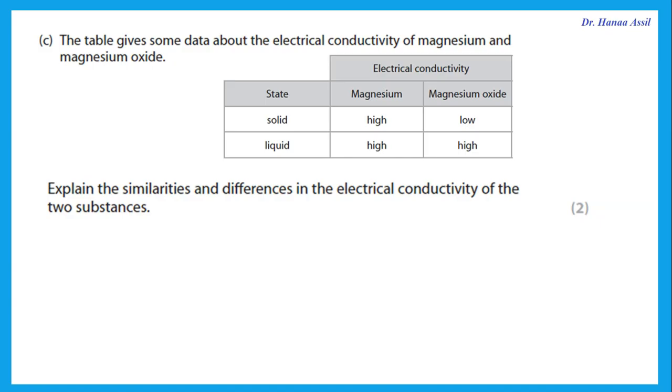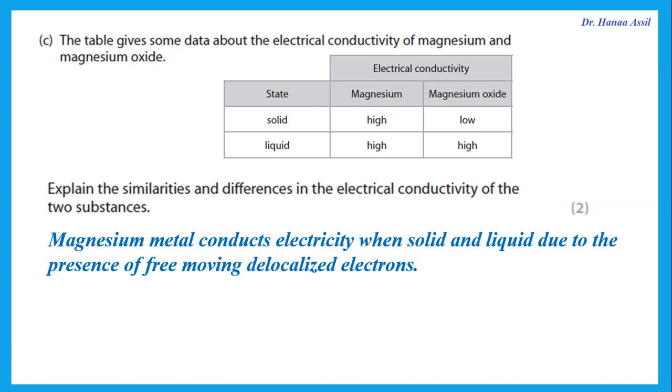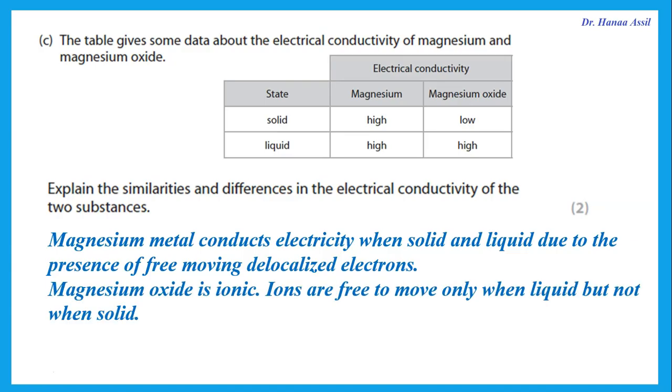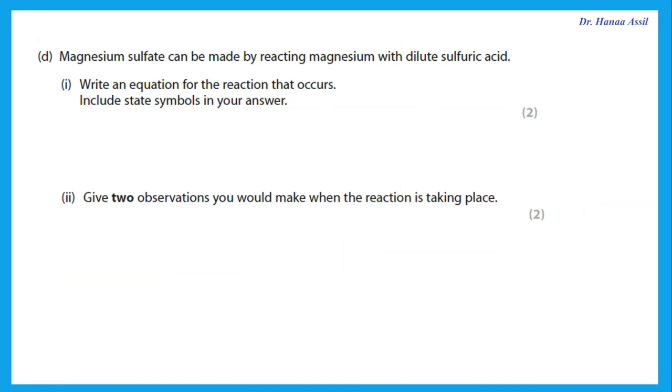Magnesium oxide is ionic, so it will conduct electricity only when molten or in solution. So magnesium metal conducts electricity when solid and liquid due to the presence of free moving delocalized electrons. While magnesium oxide is ionic, the ions are free to move only when liquid, but not when solid.